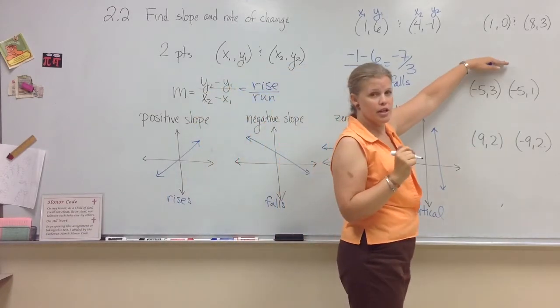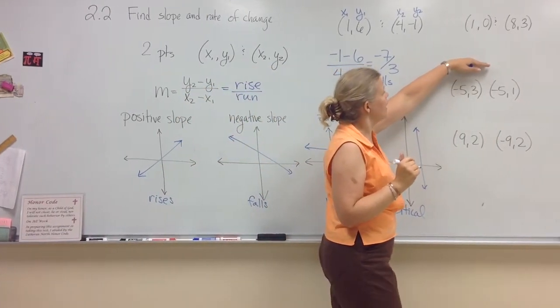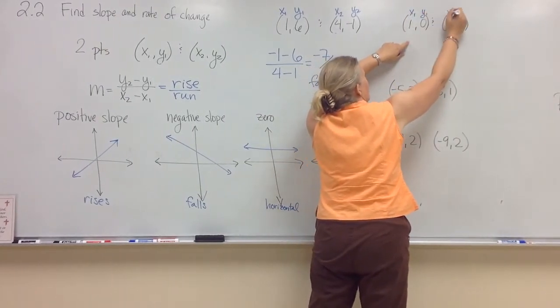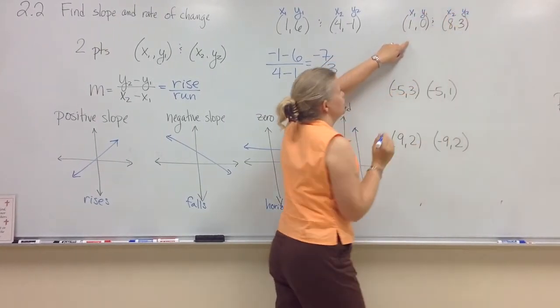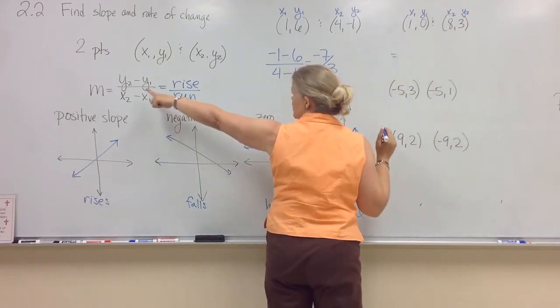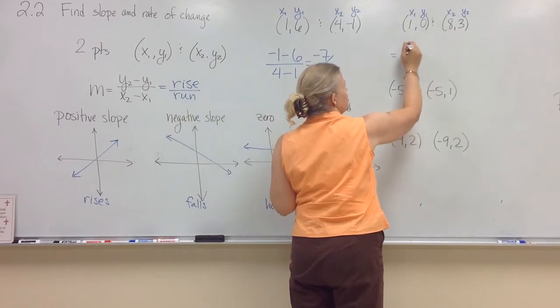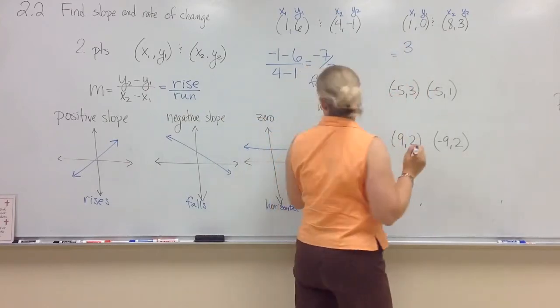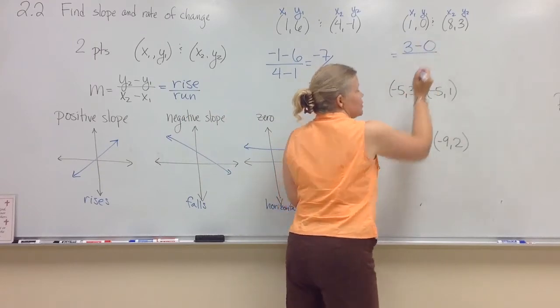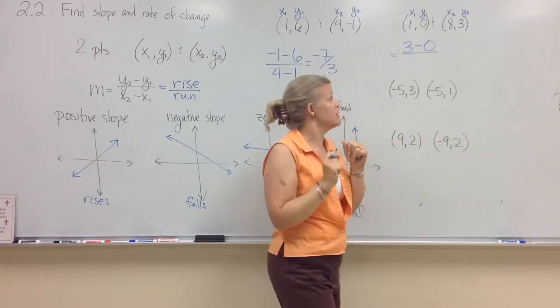Let's come over here to this one. We've got x1, y1, x2, y2. And now we start plugging them in. What do we put in the formula first? y2, which is 3. What do we put in next? y1, which is 0. Please remember, you're going to put that subtraction sign.